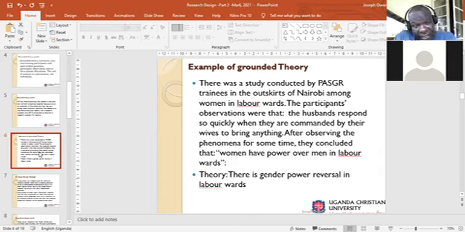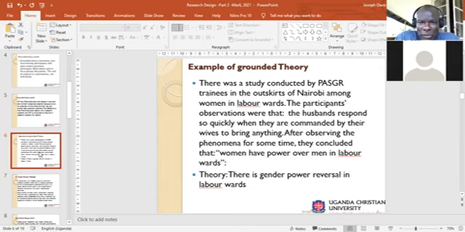So PASGA, there are some students who went to train with PASGA, and they were taken out in the field, in the outskirts of Nairobi, to study a phenomena. So they went to the women ward where women deliver, and they observed.